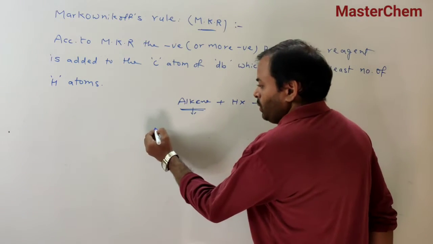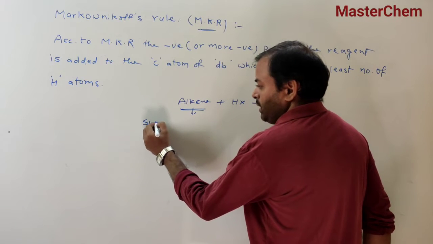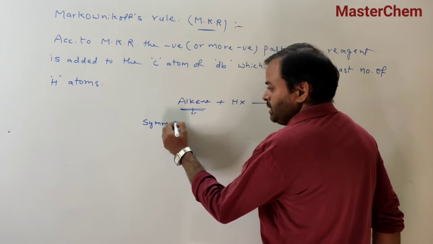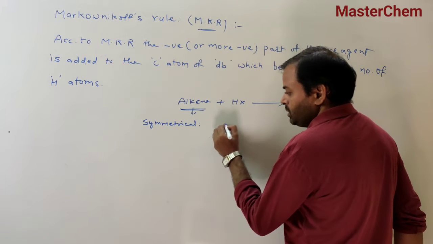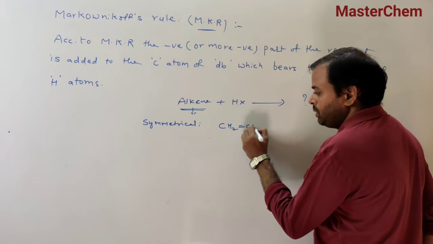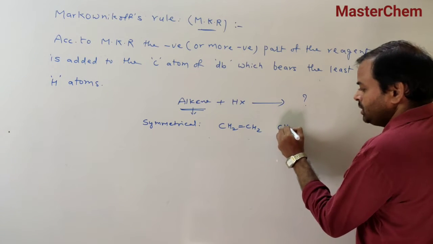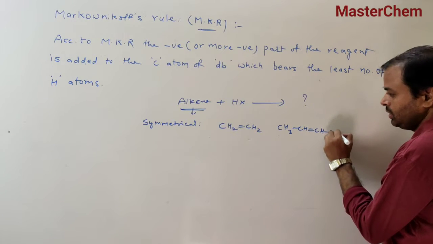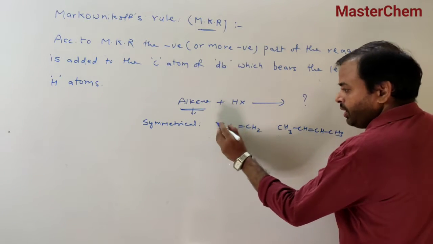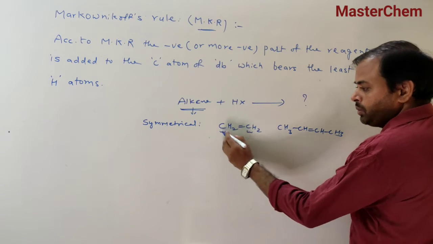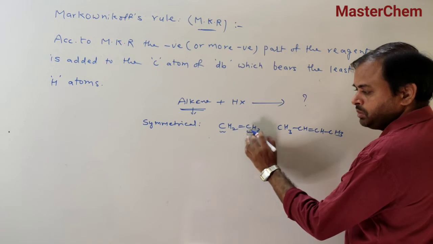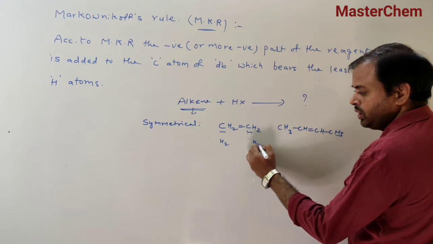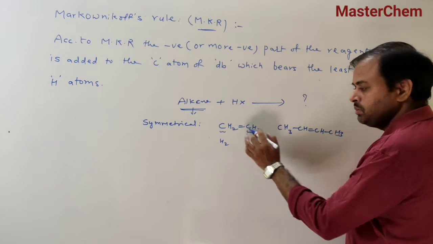So here, what is meant by symmetrical alkene and unsymmetrical alkene? Symmetrical alkene means, for example, CH2=CH2 or CH3CH=CHCH3. If the doubly bonded carbon atoms have the same attachments, here two hydrogens, here two hydrogens, that is said to be symmetrical.